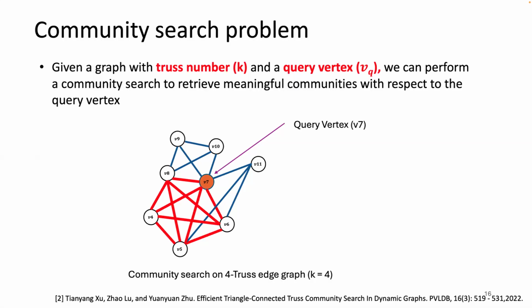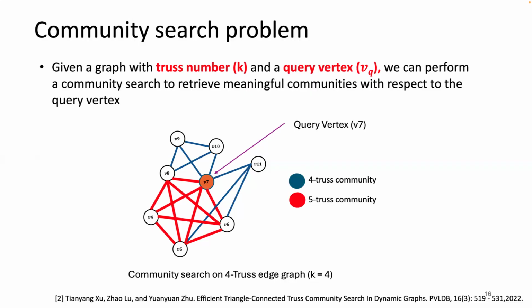When given a query vertex and the truss number, we are asked to determine the community around that query vertex. The first process is to do the decomposition to the truss level, that's K, right? And then with our query vertex, we determine the community surrounding that query vertex.